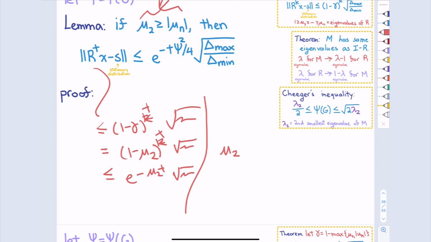Okay, but Cheeger's inequality uses lambda 2. Something like that. And then, yeah, so right now we have phi is less than or equal to square root 2 lambda 2.